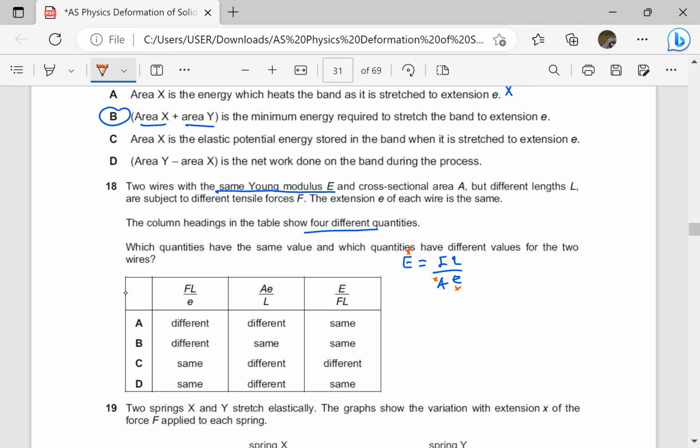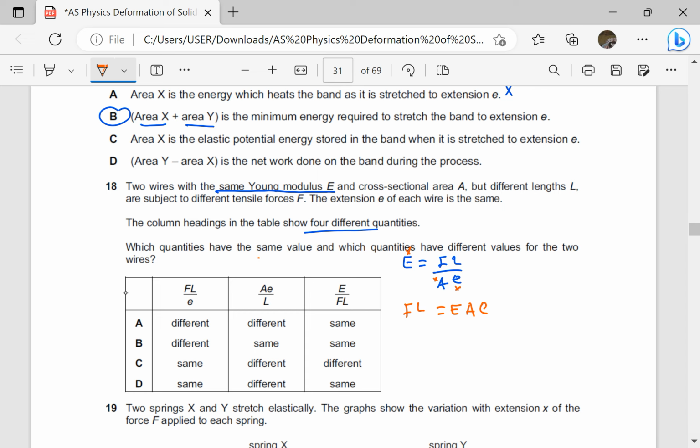So first of all, I can say that FL can be equal to E times A times e. The extension e of each wire is the same.